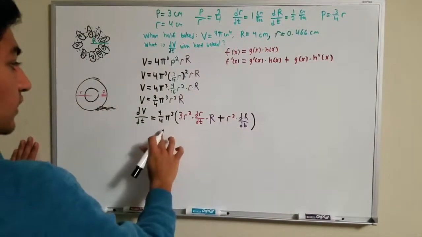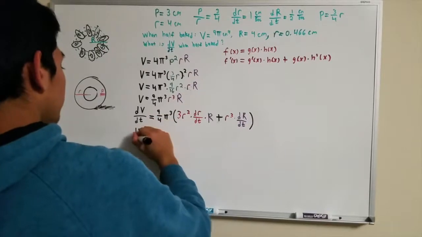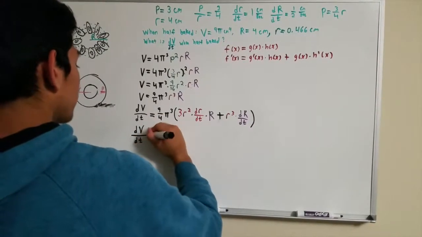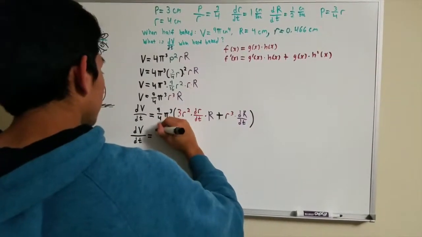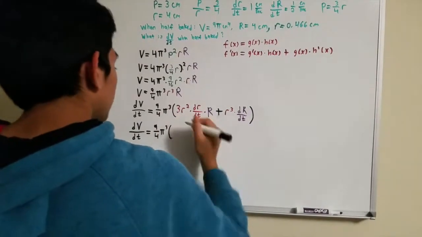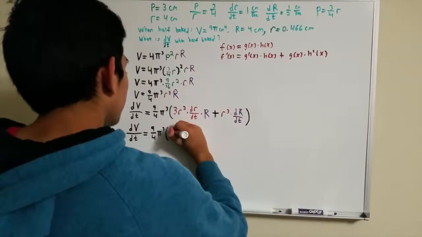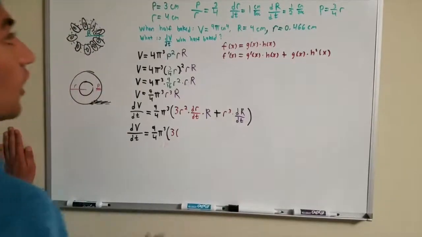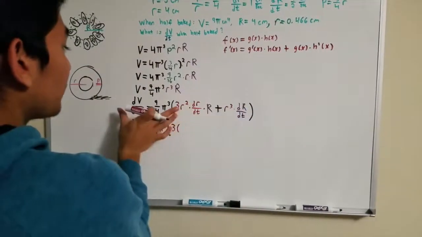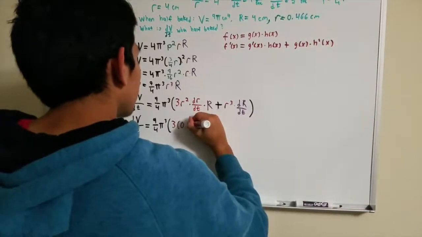So now we can plug in variables. We have that the change in volume with respect to time is equal to 9 over 4 pi cubed times 3. Now we look for R, and we know that at the instant that it is half-baked, R will be 0.466 centimeters.